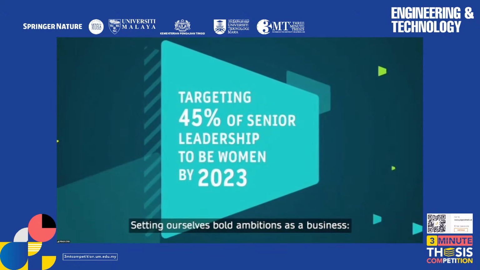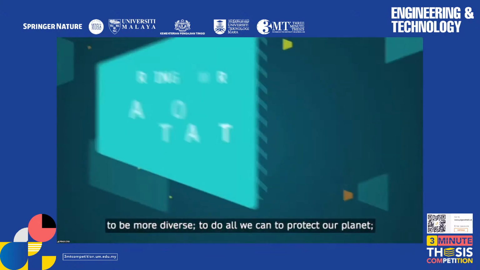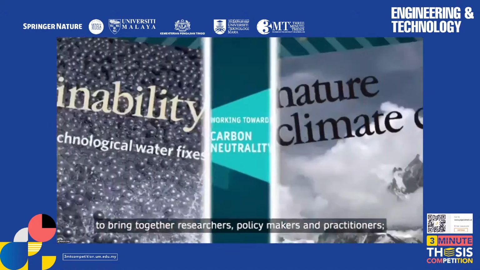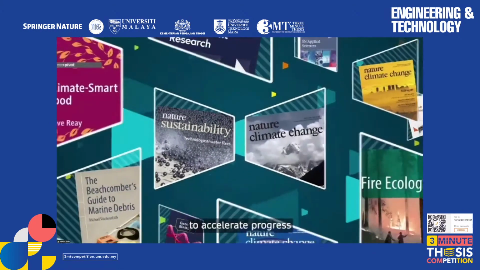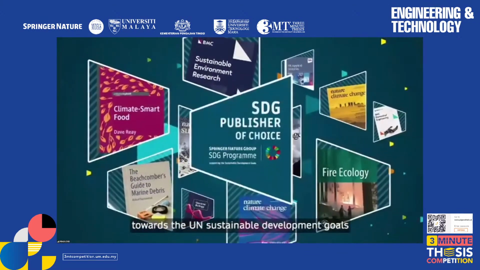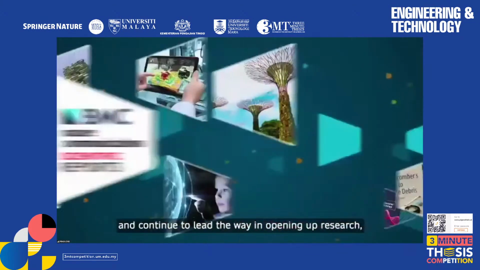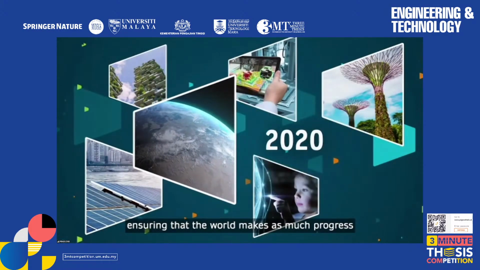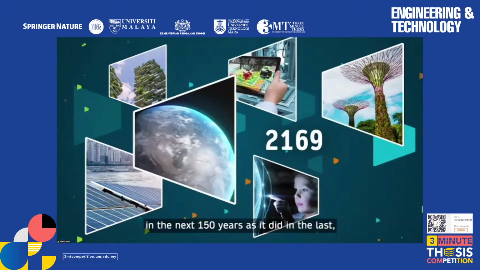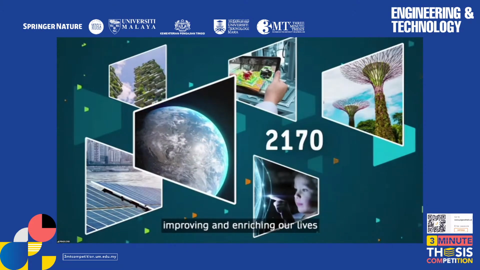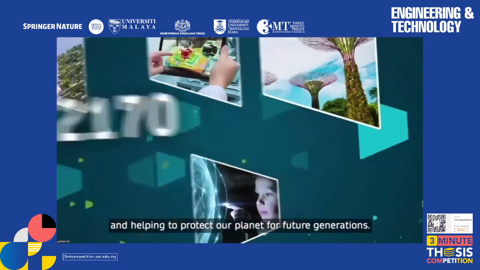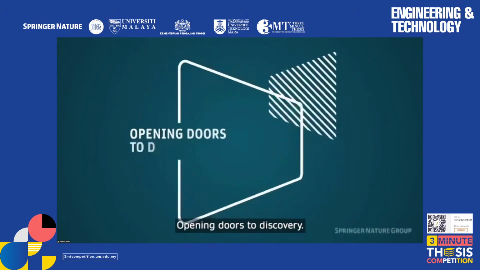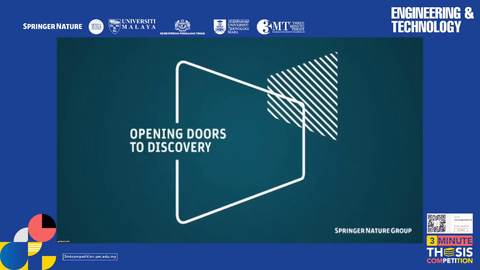Setting ourselves bold ambitions as a business to be more diverse, to do all we can to protect our planet, to bring together researchers, policymakers, and practitioners to accelerate progress towards the UN's Sustainable Development Goals, and continue to lead the way in opening up research, ensuring that the world makes as much progress in the next 150 years as it did in the last, improving and enriching our lives and helping to protect our planet for future generations. Springer Nature, opening doors to discovery.